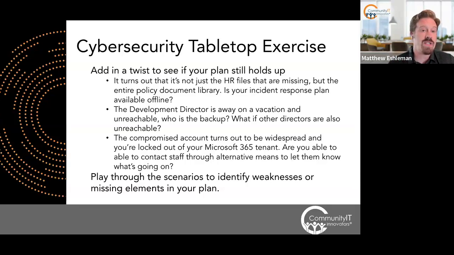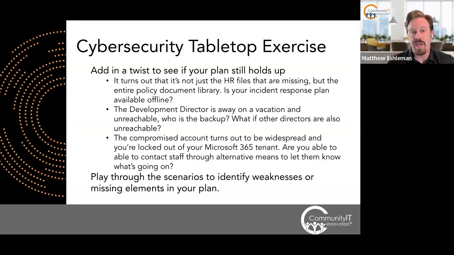Is there any redundancy or resiliency in the plan, or does your incident response plan really hinge upon maybe one key person? And if that person is unavailable, how does communication flow? Are there other people that are aware of what needs to happen next? Are there other people in the organization that have the relationships and connections with external partners that would be a resource to help in this case?